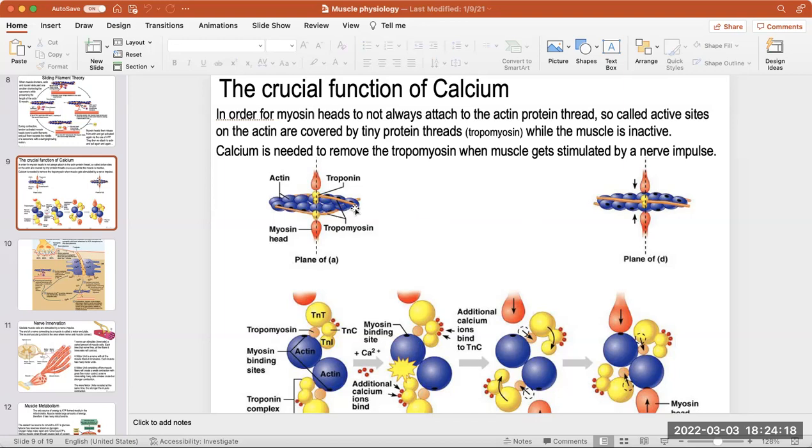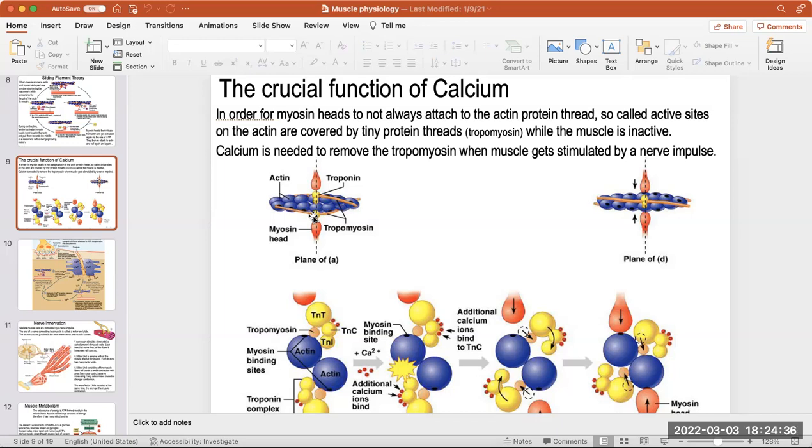But a little smaller thread covers that active site, and if the calcium is not present, that is covered, and then the myosin head cannot attach to it.